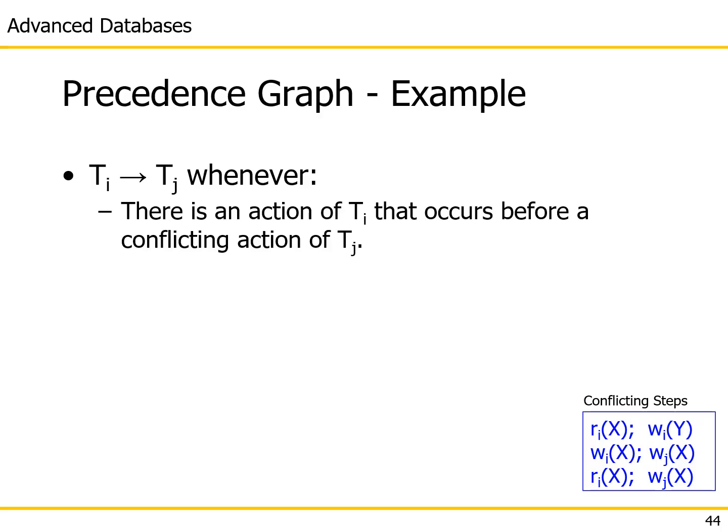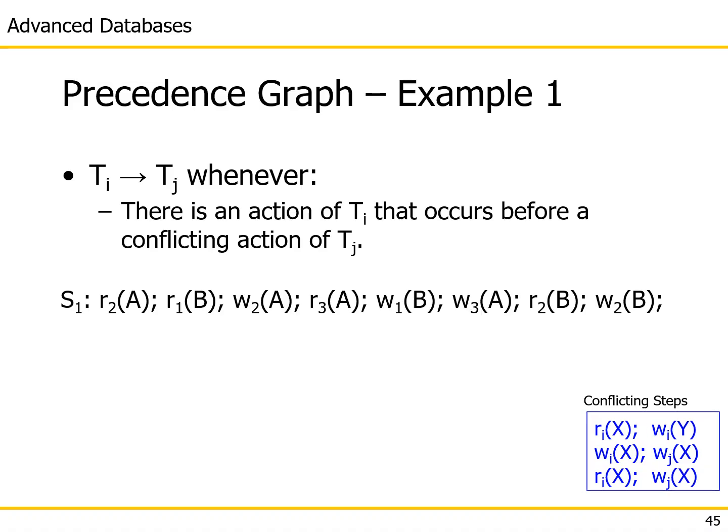We are going to write down the order that is implied from the conflicting steps, and that will be an edge. I have written down on the right side, as you see, the conflicting steps. And here is an example schedule. The question now posed is: is this conflict equivalent to some serial schedule?